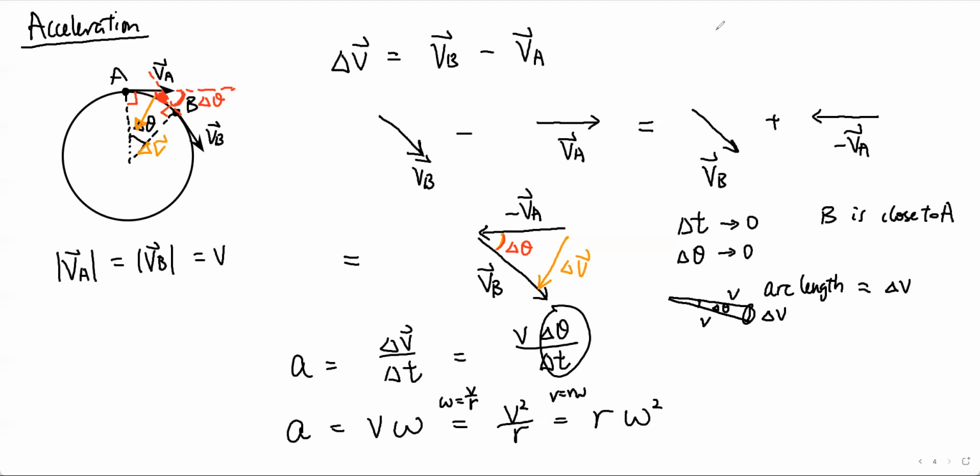Now we can rewrite this formula. Then you can see that a will be V times delta theta over change in time. And that is the angular speed. This one is the angular speed.